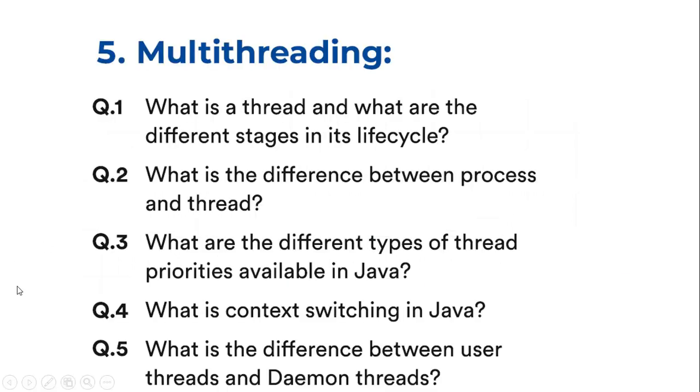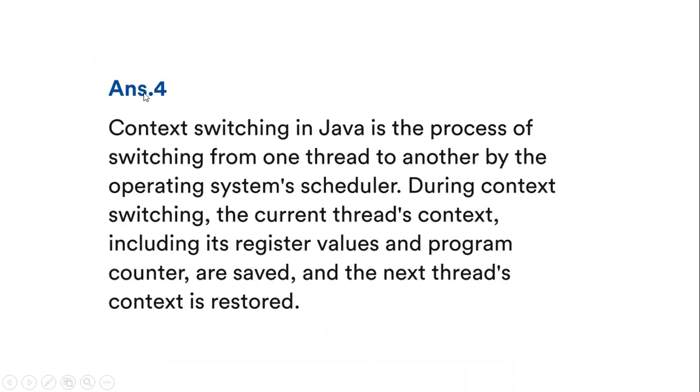Okay, now what is context switching in Java? It is a famous question. Context switching in Java is the process of switching from one thread to another by the operating system scheduler. During the context switching, the current thread's context, including its register values and program counter, are saved, and the next thread's context is restored. Okay, hope you understood. I will repeat once again.